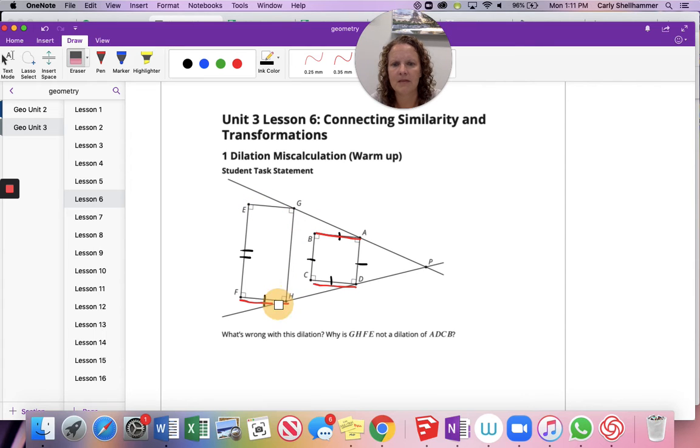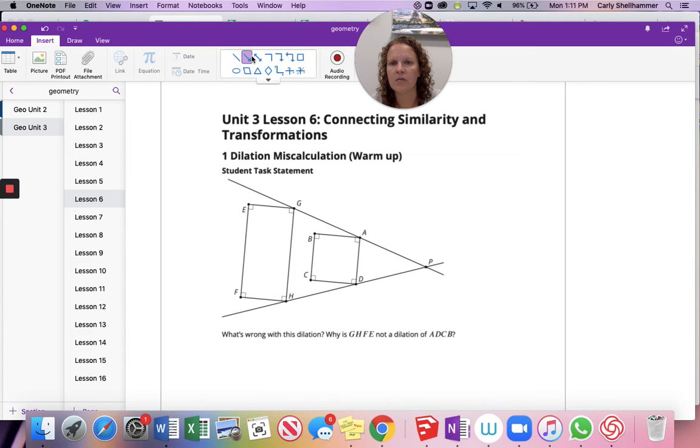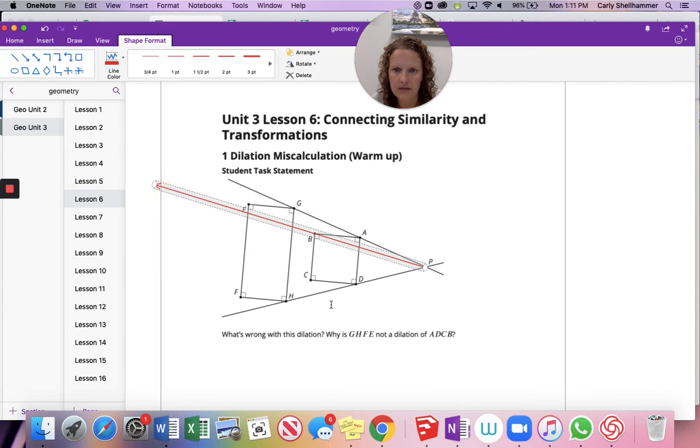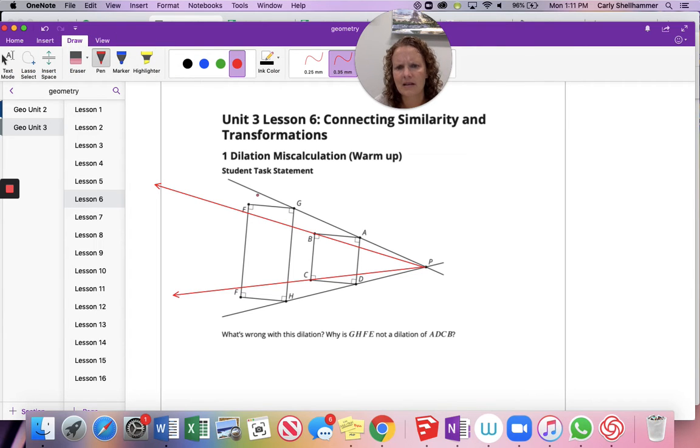So what happened with this dilation? When I first looked at it, I thought to myself, well, they didn't draw rays through the other points. There's no ray drawn through the other corners. If I drew the ray through B, and through C, then doesn't that mean this would be my new point?